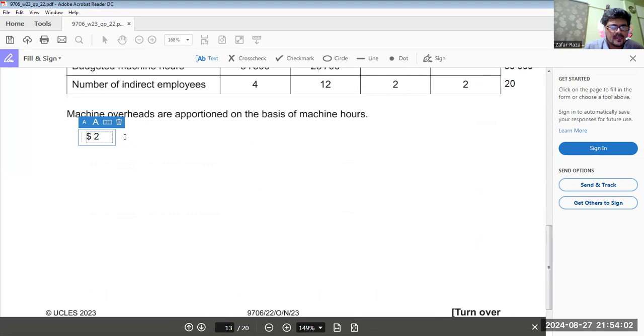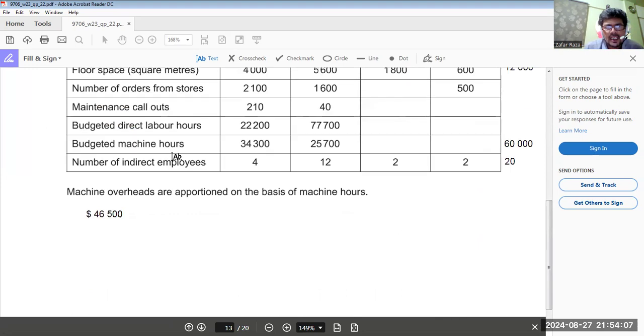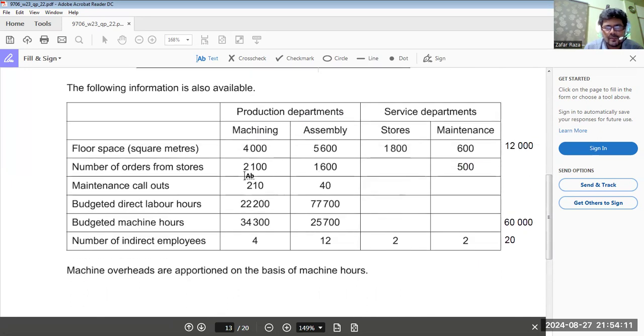The cost we have is 46,500 for stores, and stores should be apportioned on the basis of the number of orders from the store. So how much is the total? 2,100 plus 1,600 plus 500. That means 4,200 orders from the store.